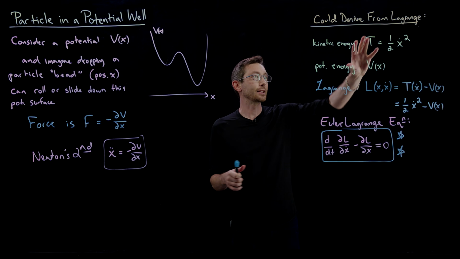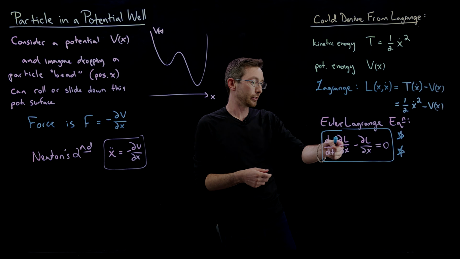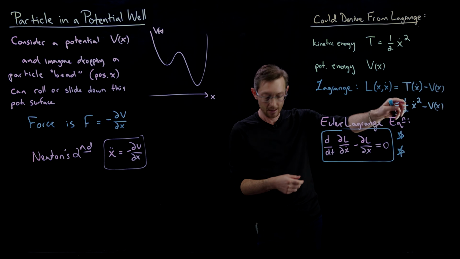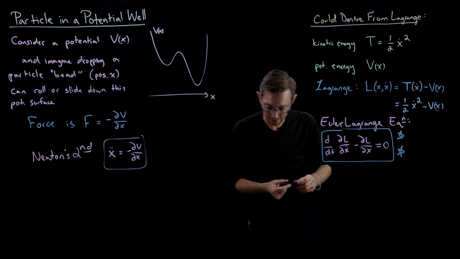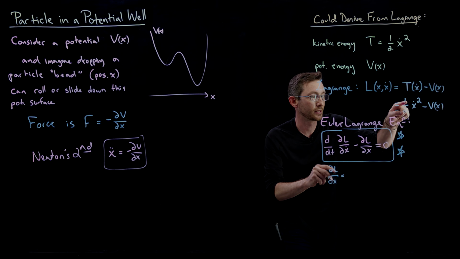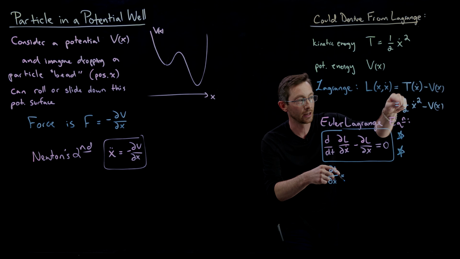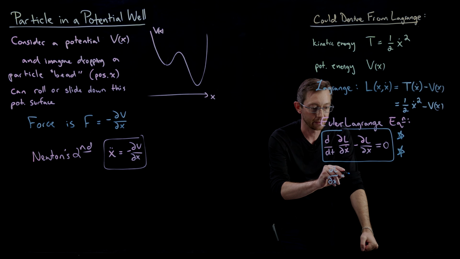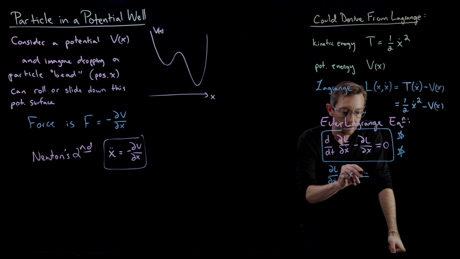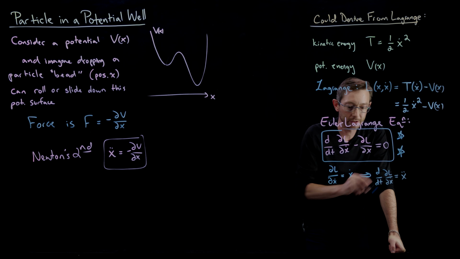And you can apply it to this very simple bead on a rotating hoop, and literally partial L partial x dot. This is the only term that has an x dot. So partial L partial x dot is just, using the power rule, 2 times 1/2 is 1 times x dot. This just equals x dot, which implies that d/dt of partial L partial x dot is x double dot.